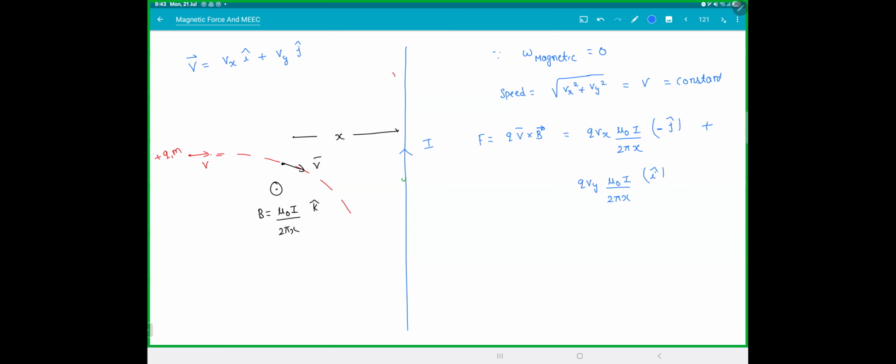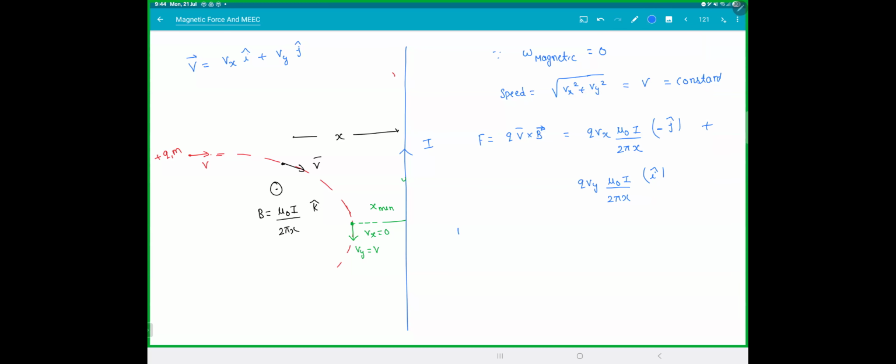We will take the i cap component because when this guy is taking a turn and leaving here at x minimum distance, that means you stopped going towards it. All the velocity Vy will be u only, and Vx will be zero. Do you agree? There will be no velocity component towards the wire. That's why it will start taking a turn.